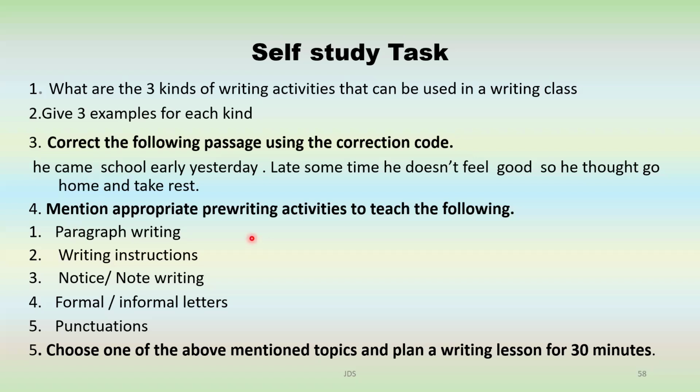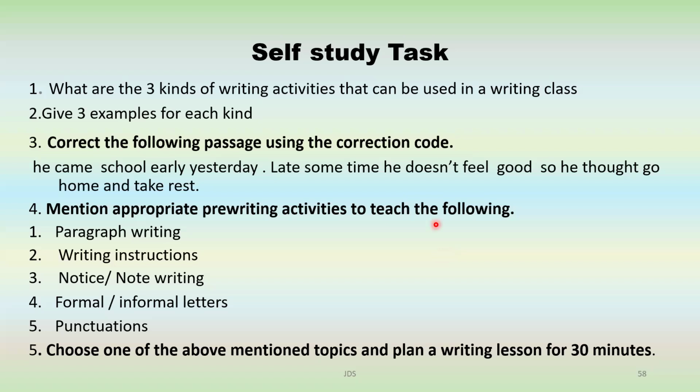Mention the third question, fourth question. Mention appropriate pre-writing activities to teach the following. When you are going to teach paragraph writing, what can be the pre-writing activity you can give? For example, jumble sentences, right? Or else a substitution table.